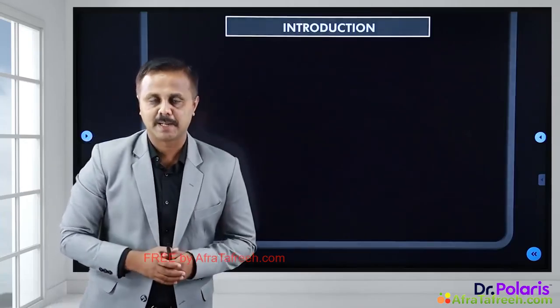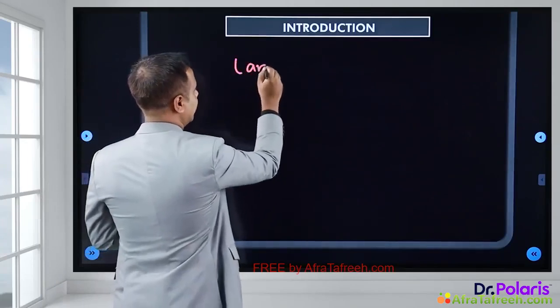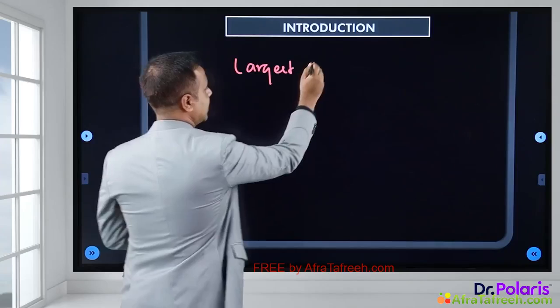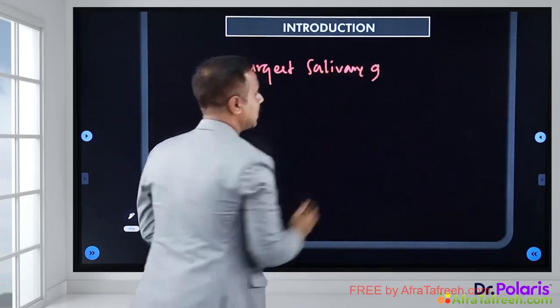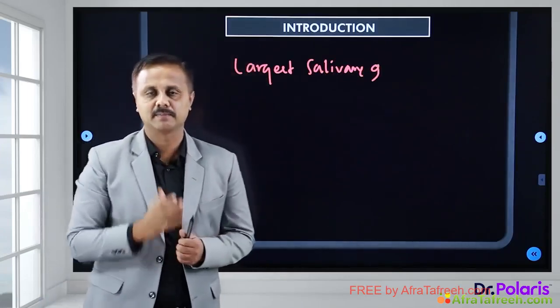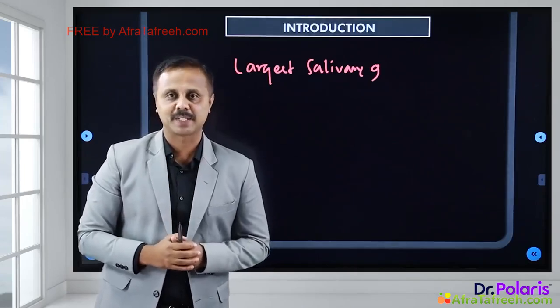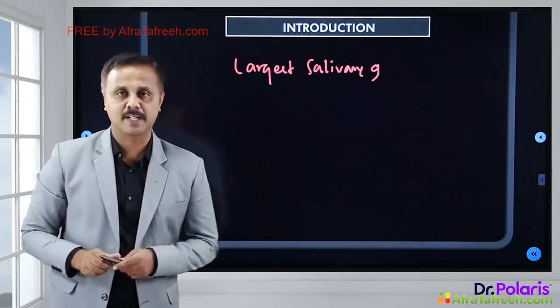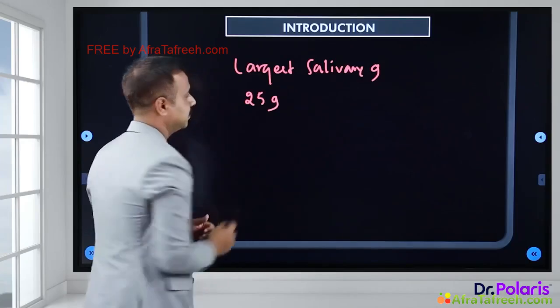What is the parotid gland? The parotid gland, remember, is the largest of the salivary glands. And as we know, it is a paired gland. We have two salivary glands on either side of the external ear, right? It measures about 25 grams in weight.